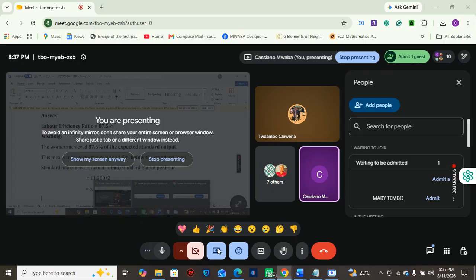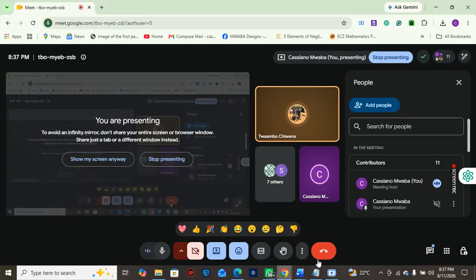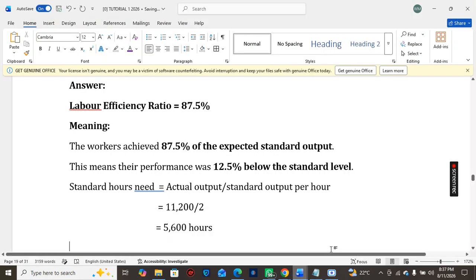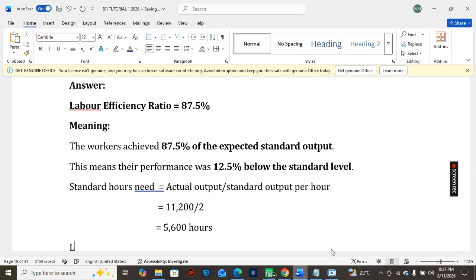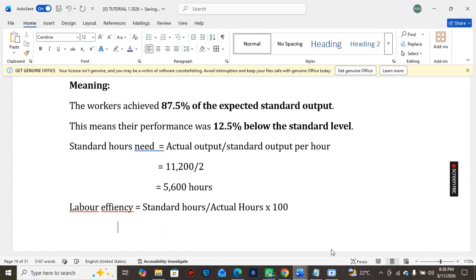Okay. Then what's the formula? So you said standard hours over actual hours. 5,600 divided by 6,400.